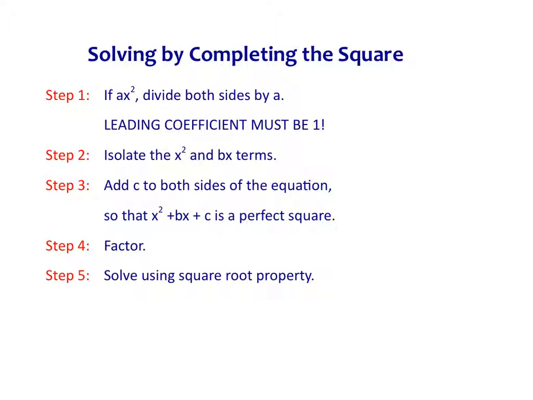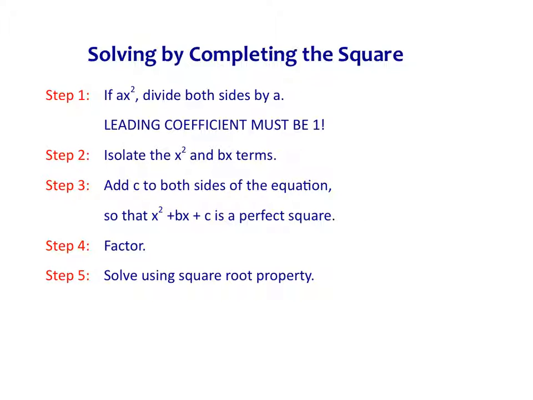Okay, here are the complete steps to solve by completing the square. Step 1. If we have a times x squared, then we need to divide both sides by a. So if we have anything in front of x squared that's something other than a 1, we'll have to divide by whatever that coefficient is. The main idea is that the leading coefficient must be 1. Step 2, isolate the x squared and bx terms.